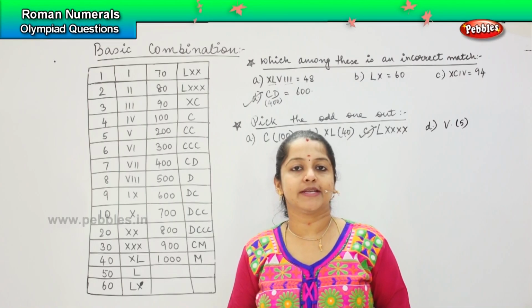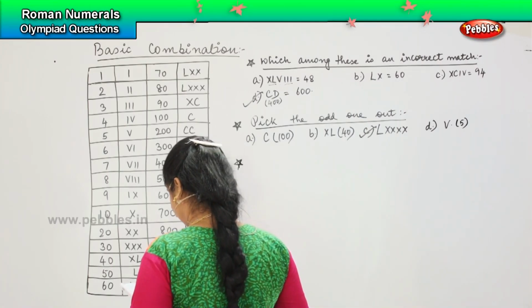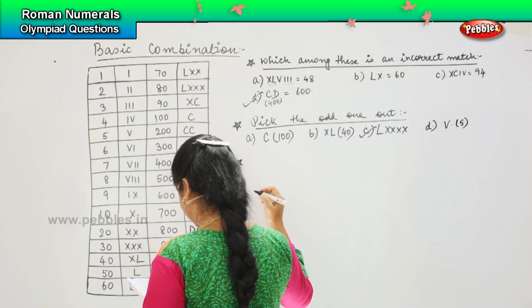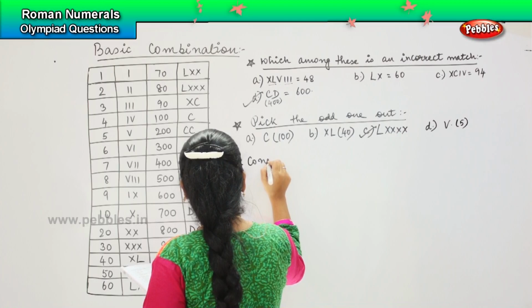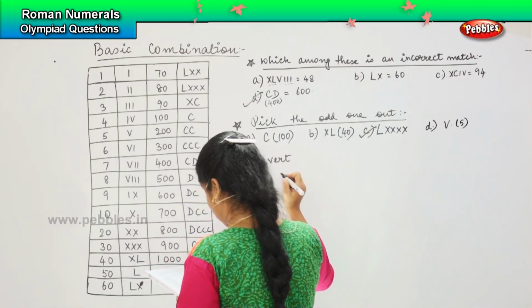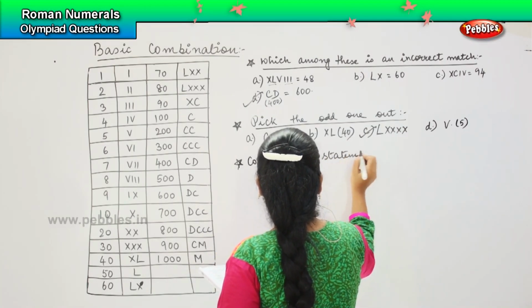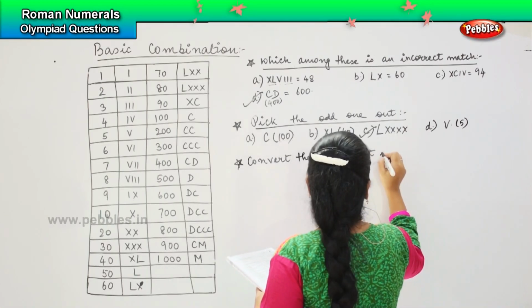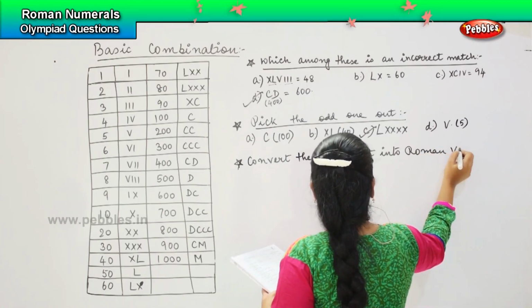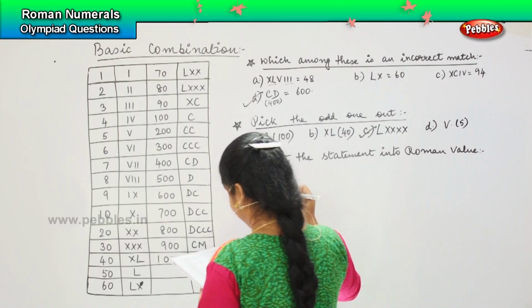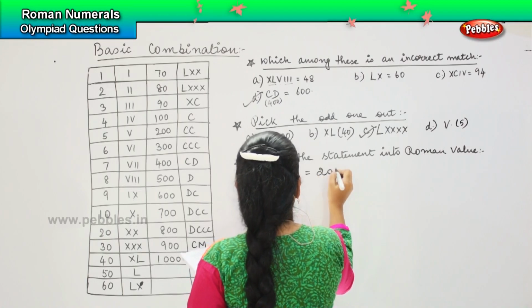So you are finding it interesting, children? Okay. So let us explore some more questions. The next question is, convert the statement into Roman value. Okay. And the question is 5 into 4 equals to 20.